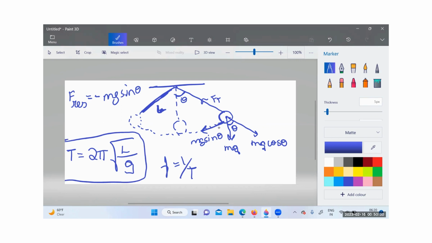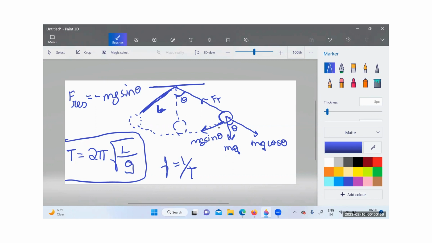If you look at this equation carefully, in simple harmonic motion, time period was dependent on the mass of the object. But in simple pendulum, time period is dependent on the length of the string of the pendulum.